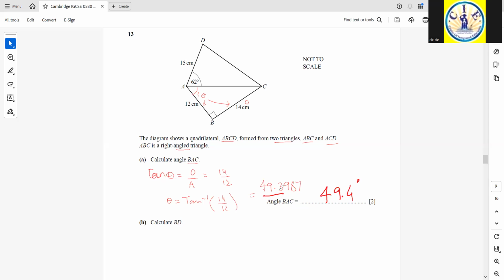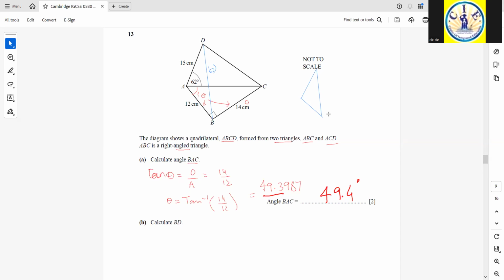Now we need to calculate BD, the distance BD. This is the distance we now need to calculate for part B. Now we can see that the triangle is something like this, then this, then this.